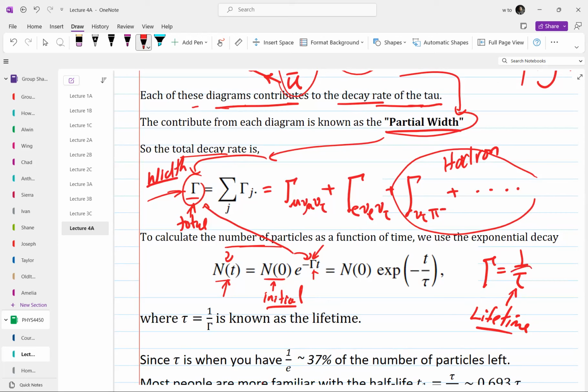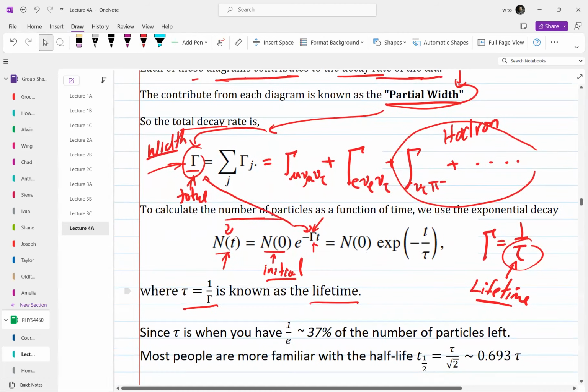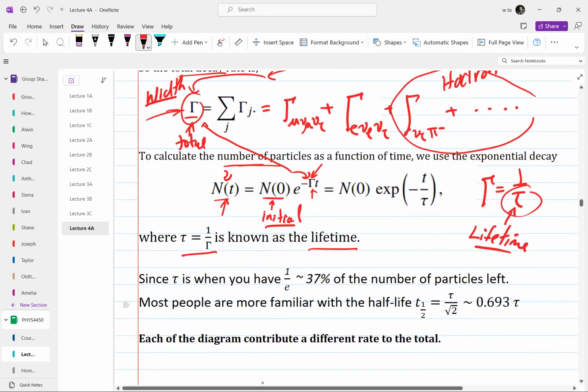This allows you to quantify that. So 1 over gamma is the lifetime. What's even more familiar to most people is the half-life. For example, carbon decay has a half-life of 5,000 years or so, and that's how they date mummies. It's something I learned in grade school, I think.